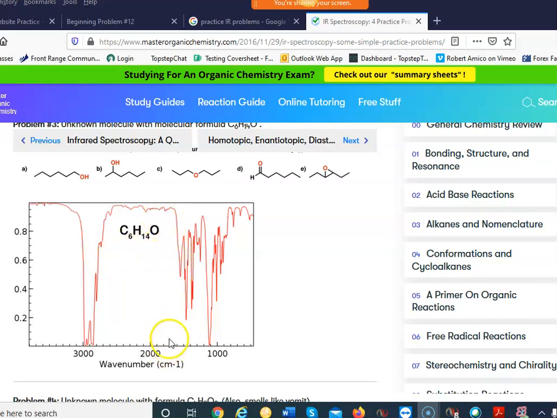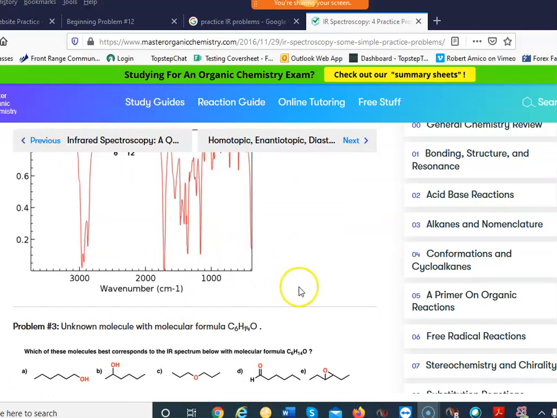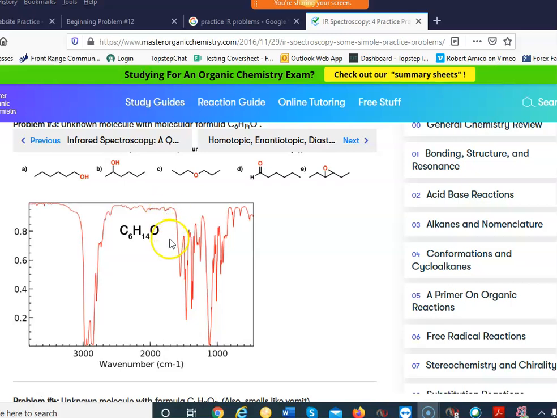And notice we do not have a carbonyl here. It would be around here, around the 1700, and I don't have a carbonyl peak there. I would have this huge peak, like in the one here. See how big that peak is? That's what I would have also in the 1700. Remember, all these peaks I ignore. So because I don't have a carbonyl peak, it can't be D.